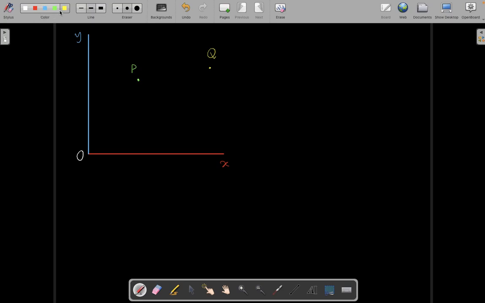So like this, so that basically we will use the concept of position vector for such animation.